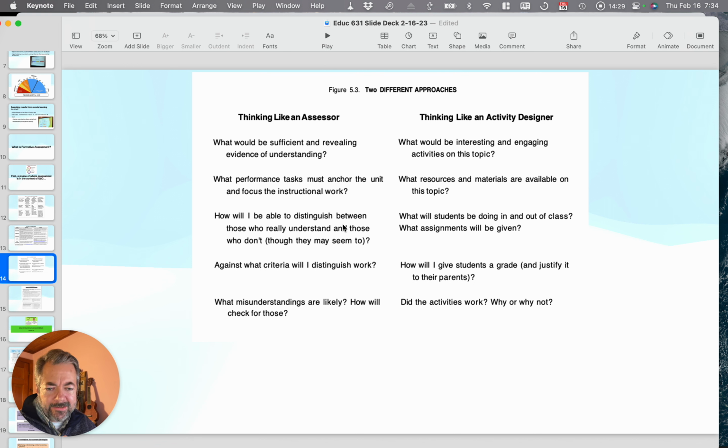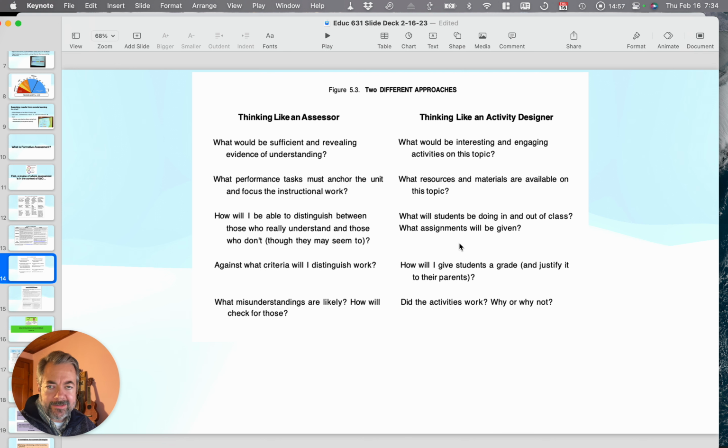How can I distinguish between those who really don't understand and those who do? You're always thinking that. Where, on the right-hand side here, the activity designer just thinks about what assignments am I going to give them, as opposed to true understanding. I would rather, as your colleague and mentor, I would rather you not give homework if that's going to keep you from being a good assessor.